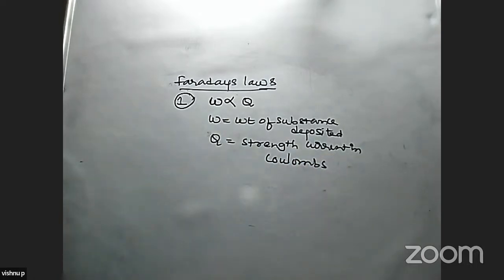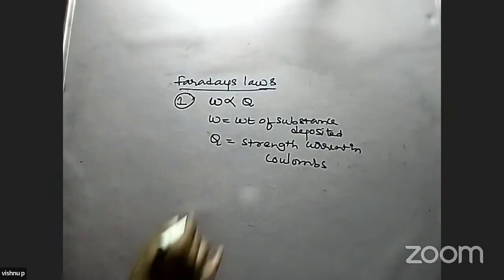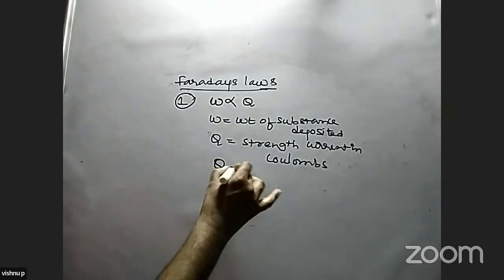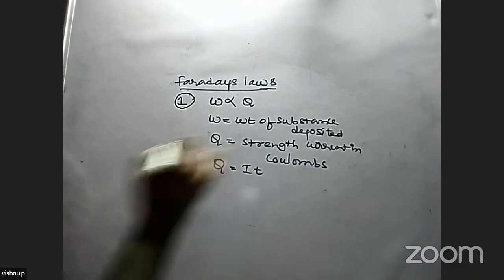According to Faraday's first law, if we pass more electricity, then more substance is deposited at the cathode. So W is directly proportional to Q, or Q is equal to IT.